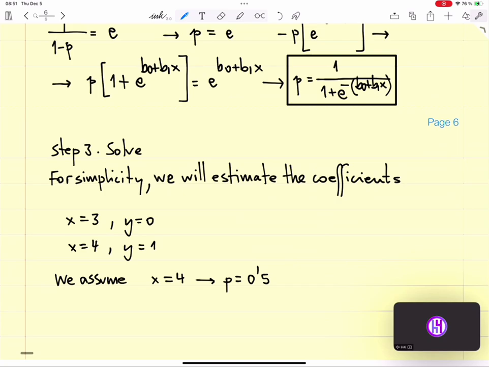Which, if we put in the equation above, 0.5 equals 1 divided by 1 plus e to the minus b0.